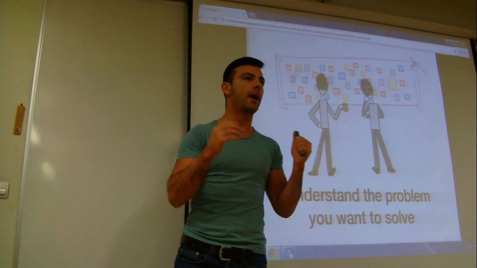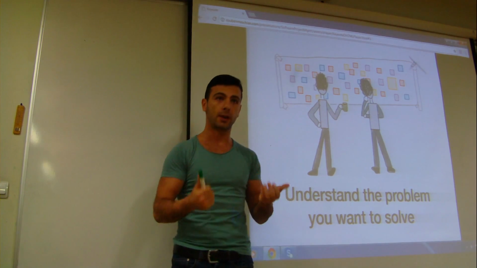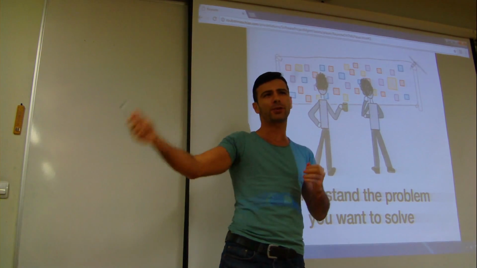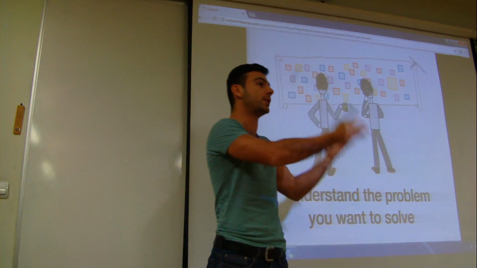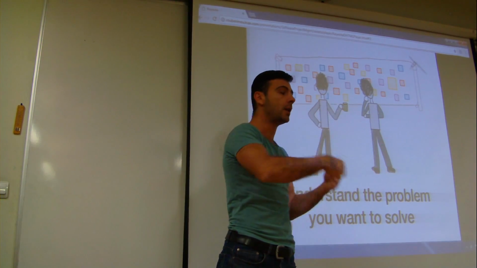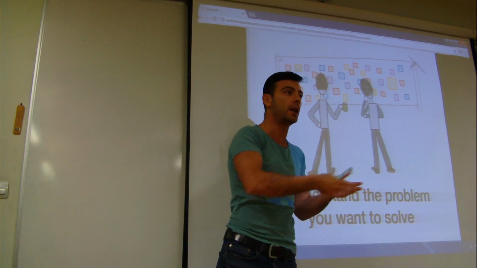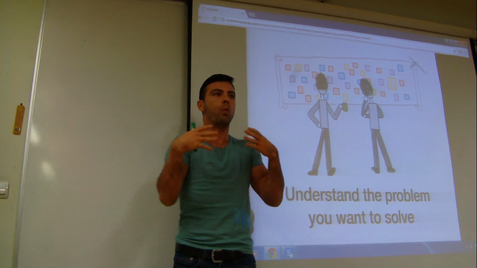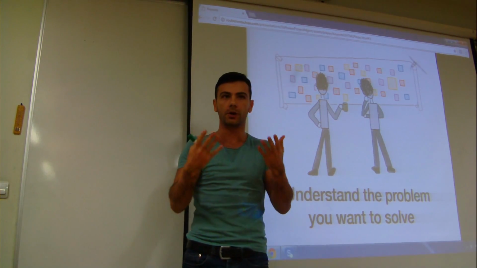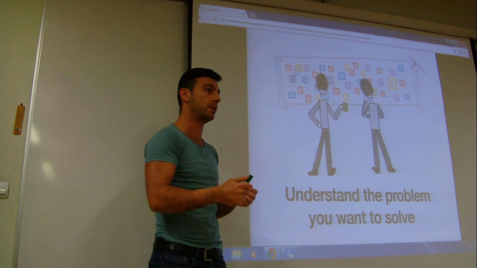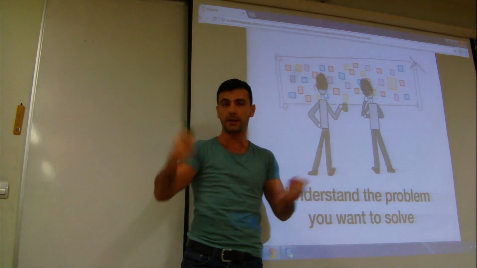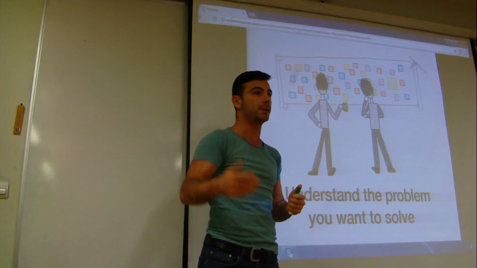So one thing, every time you begin talking to a customer, and it doesn't matter whether you're an outsourcing company or you're building a product, you're going to be building software for someone. You're going to have a customer. When you're talking to your customer, it's important to understand what it is that they need. What problem are you trying to solve? Often customers will tell you what they want. Like someone will come to your software company and say, hey, can you build me this?